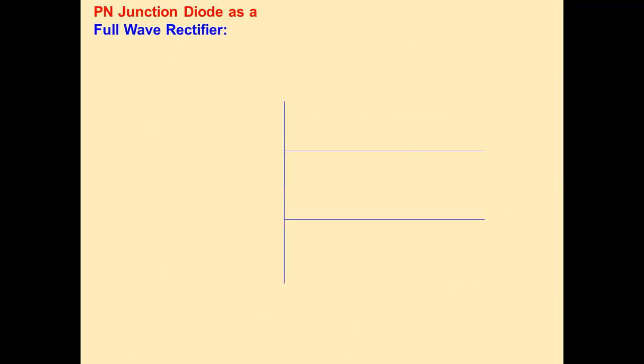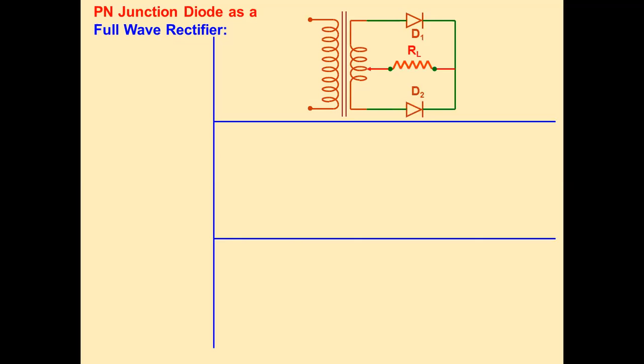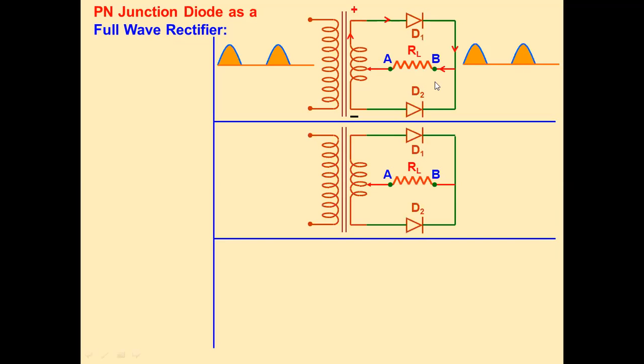The second type is known as full wave rectifier. In the full wave rectifier, there are two types: by using 2 PN junction diodes and by using 4 PN junction diodes. By using 2 PN junction diodes, this is the transformer and the 2 PN junction diodes are connected at the output of the secondary of this transformer, and the output voltage is measured across the load resistance.